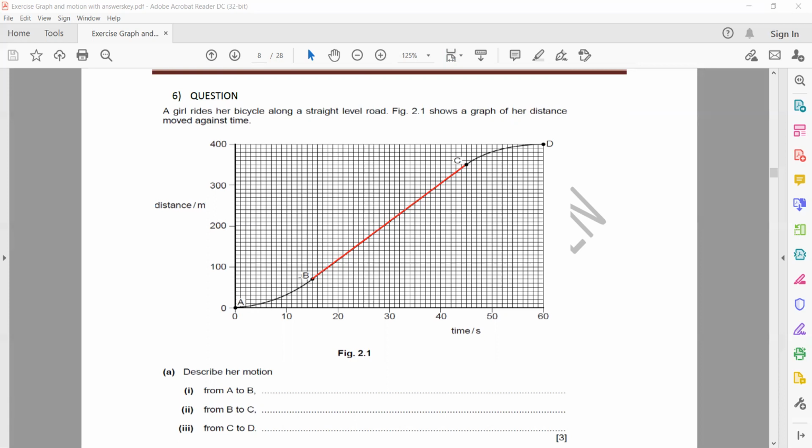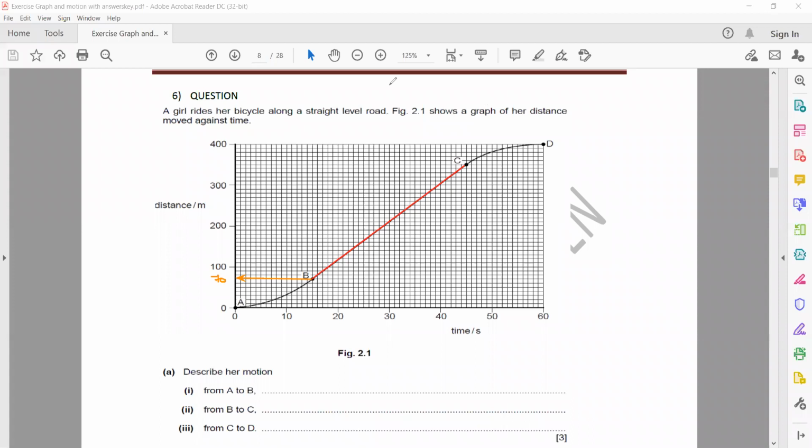So when we find the distance at B, each box is representing 10. So this will be 10, 20, 30, and this will be 70.